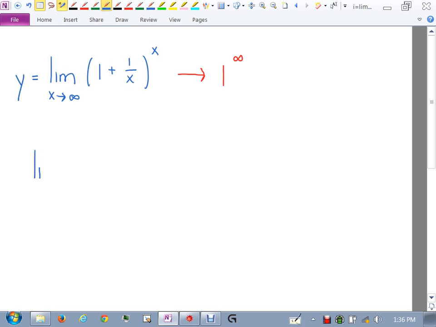Take natural log on both sides. I'm going to pass the natural log through the limit to save us that step. And I'm also going to pull the x down all in one step just to see if your brain melts or if you can keep up with that. You okay with that or not?